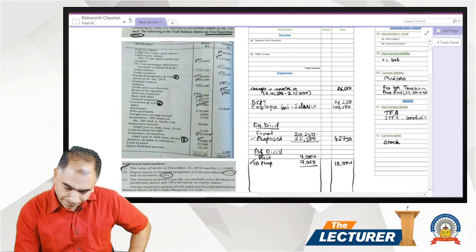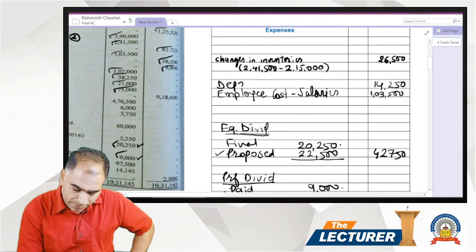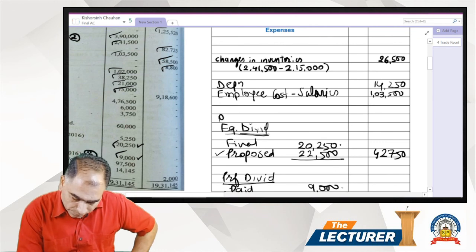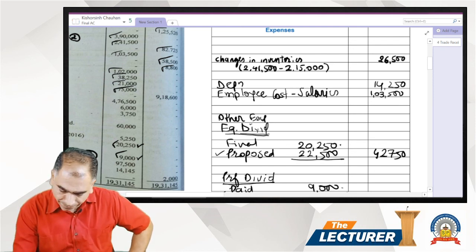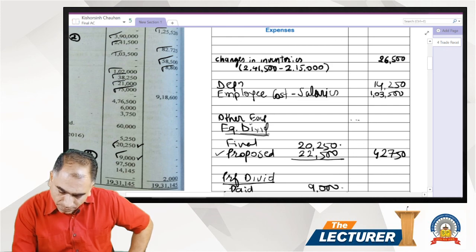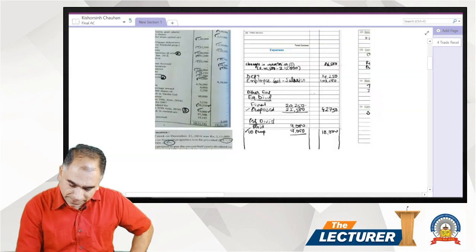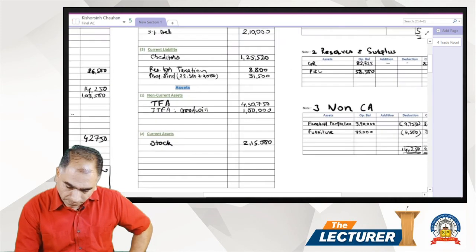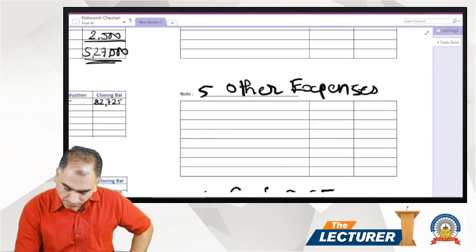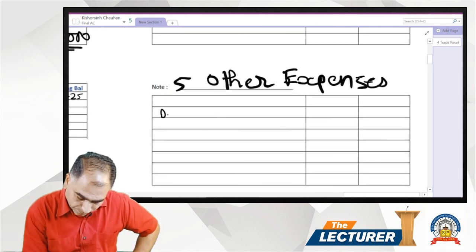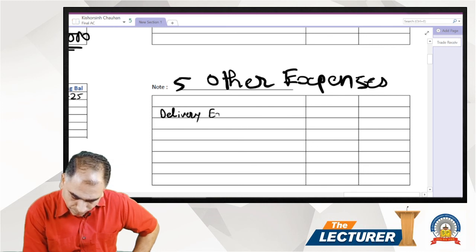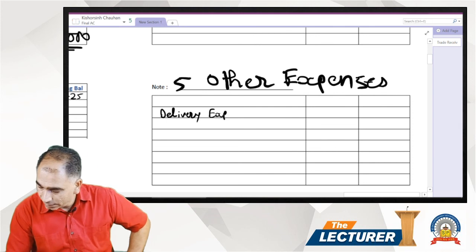In P&L we would have separate other expenses, and we'll have a separate note for that. We prepare a separate note number for other expenses, which includes delivery expense, amount comes to 1,02,000.